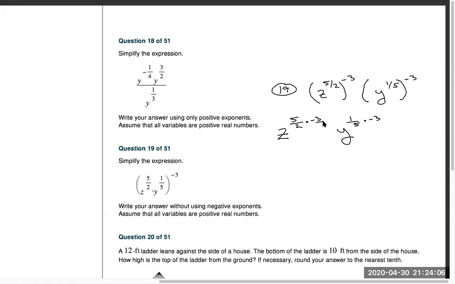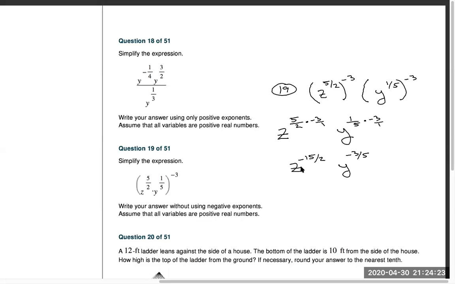Remember that's over 1 for the 3's. So we have z to the negative 15/2, and we have a y to the negative 3/5.